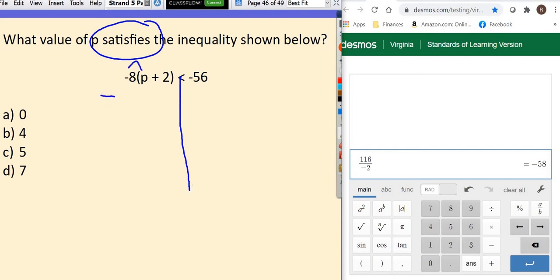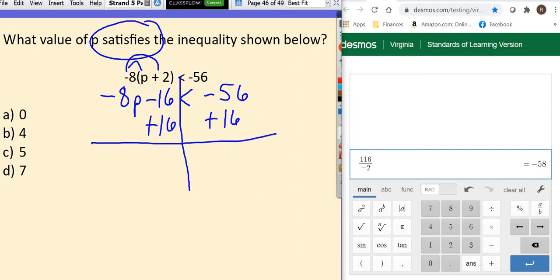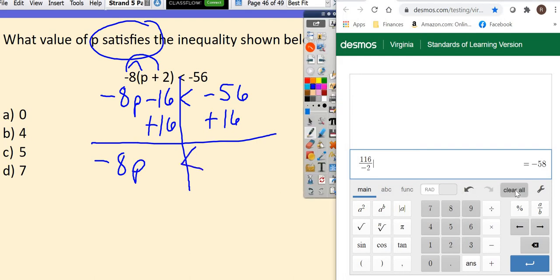Negative 8 times P is negative 8P. Negative 8 times positive 2 is negative 16, less than negative 56. So the first thing we have to do is add 16 to each side, and we get negative 8P less than, and again, I don't want anybody to make a mistake, so negative 56 plus 16 gives you negative 40.